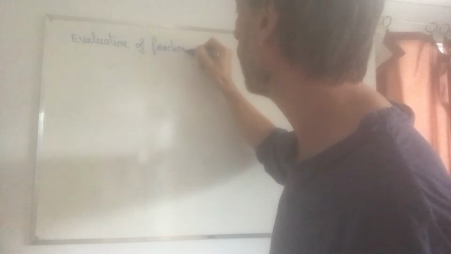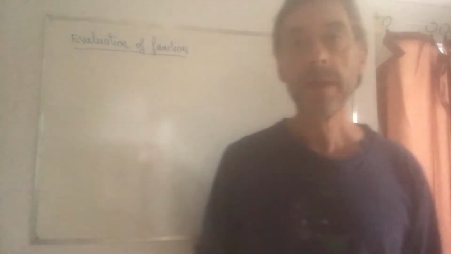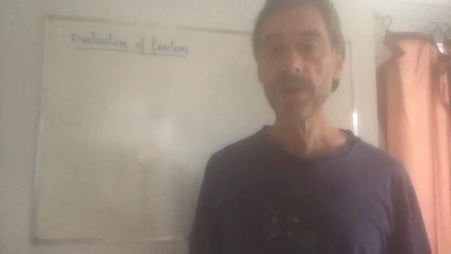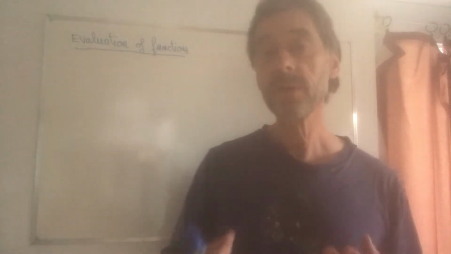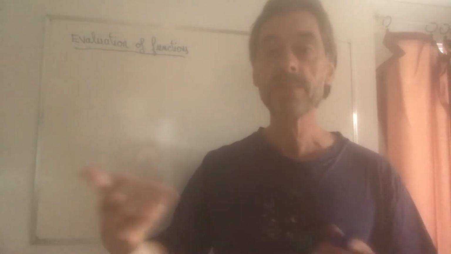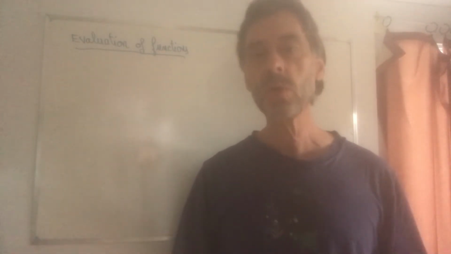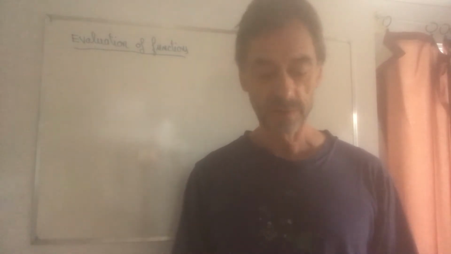Okay, what is that? Evaluation of functions is basically, the word says it, when I want to evaluate the function at a point or at another function. So it's f of something that I'm trying to evaluate. What is the answer of f of 2, f of 7, f of 0, this sort of thing.